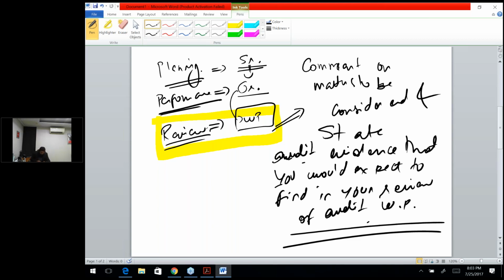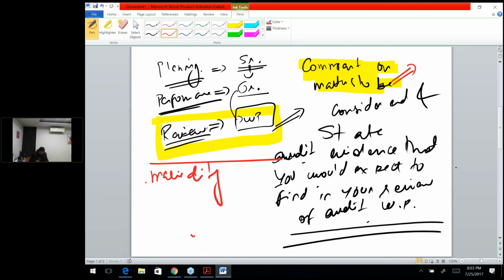If I talk about it, number one is when it says comment on the matters to be considered. What exactly do you mean by commenting on the matters to be considered? There was an article from the examiner, and in that article the examiner gave guidance on what exactly you need to do. So when we talk about comment on the matters to be considered, first of all, you need to talk about the materiality of the matter, if the matter under consideration is material.